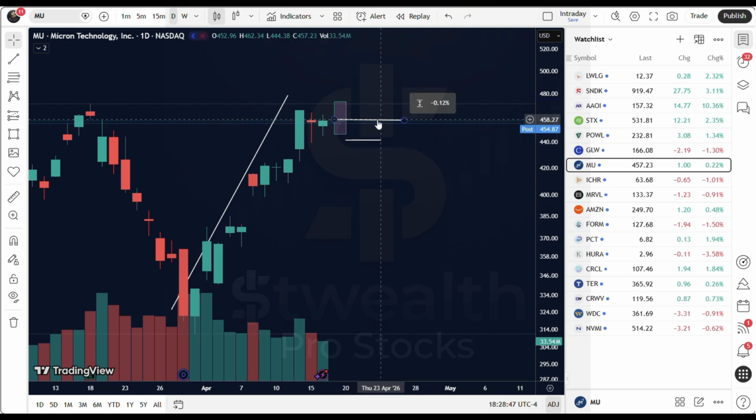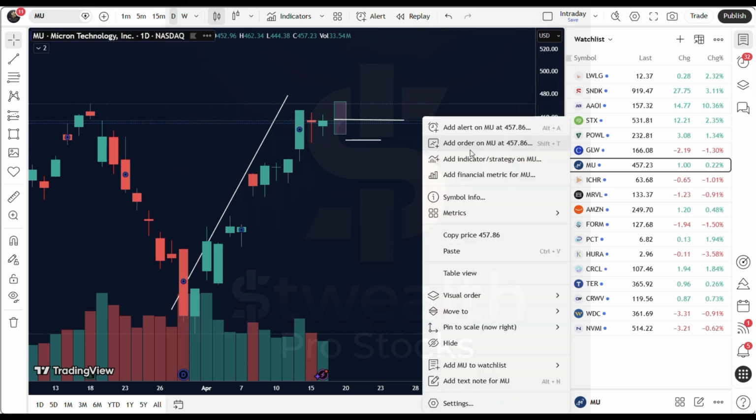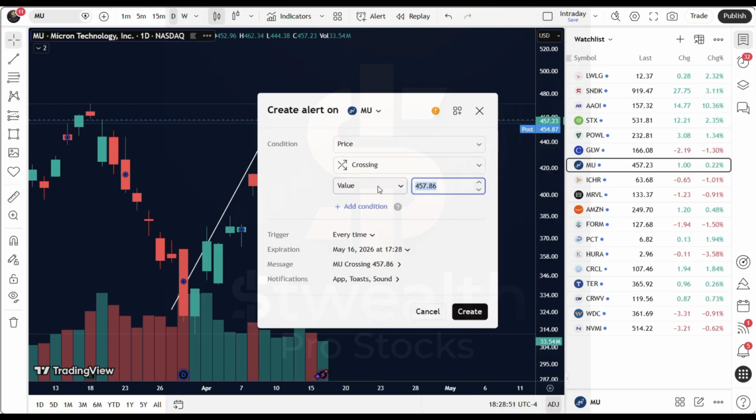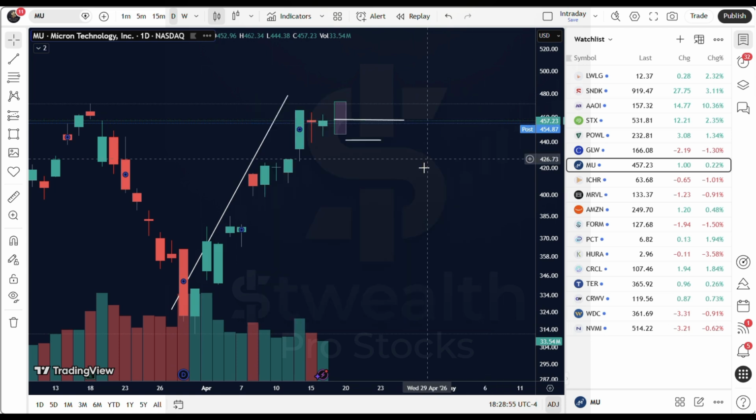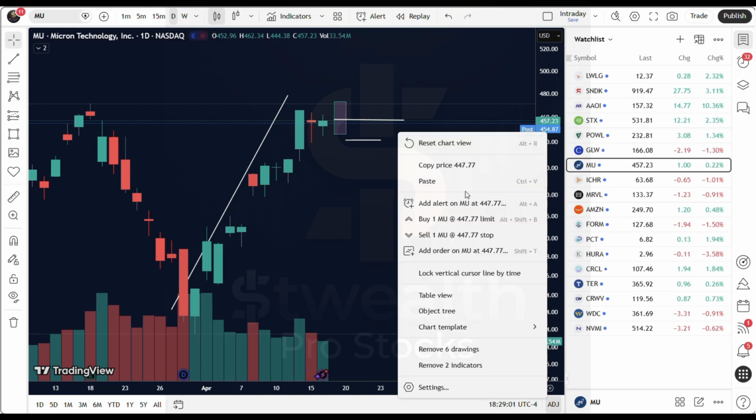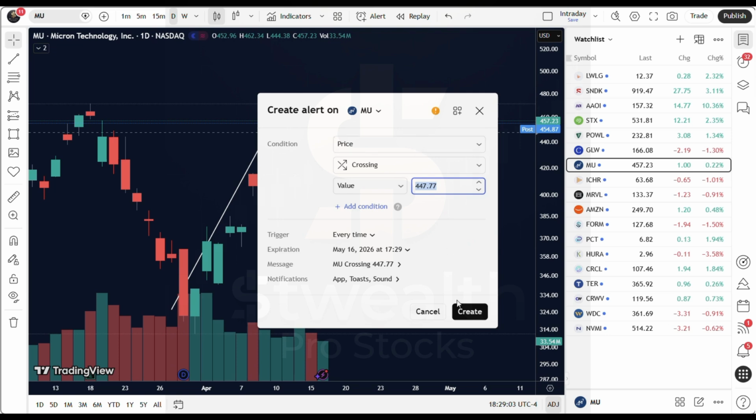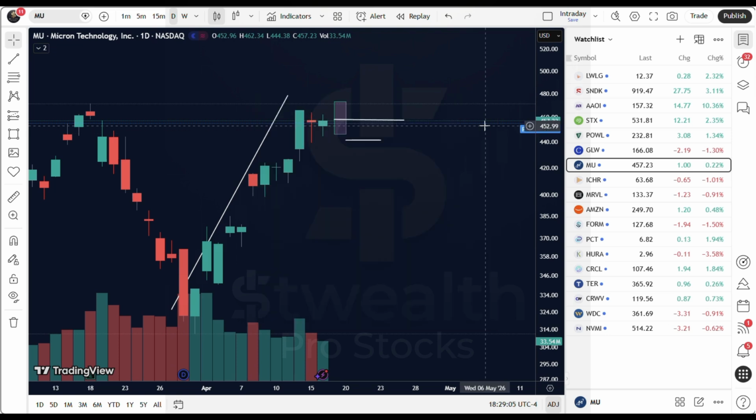So you can set up an alert right here. Say, add alert at this price. Done. So create the alert. Or if you want to enter low, in that case, set up another alert. So set up multiple alerts in your trading platform.